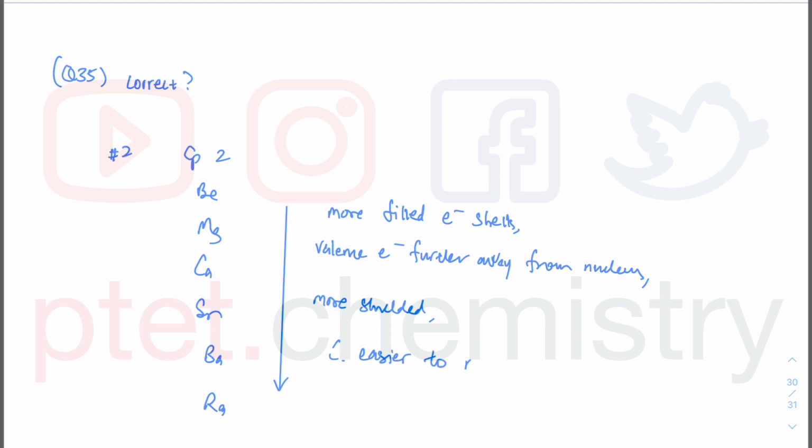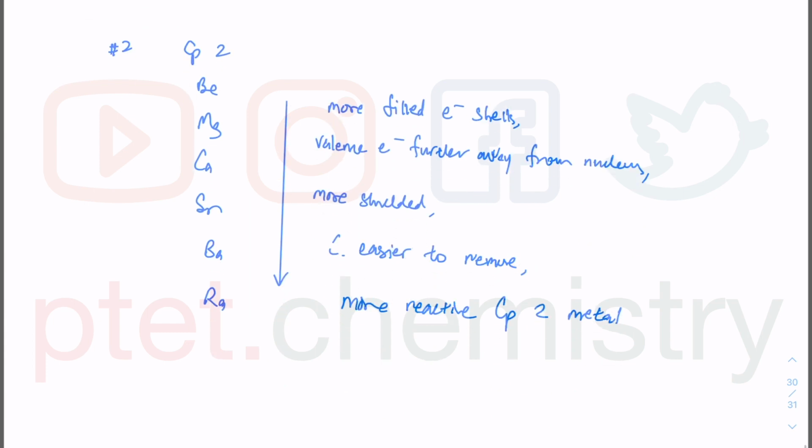If they are easier to remove, that will make them a more reactive group 2 metal, especially in reacting with water, because group 2 metal plus H2O, when they react with water, not steam, will give you hydroxide as well as hydrogen gas.